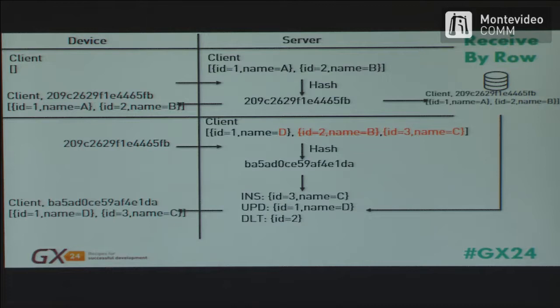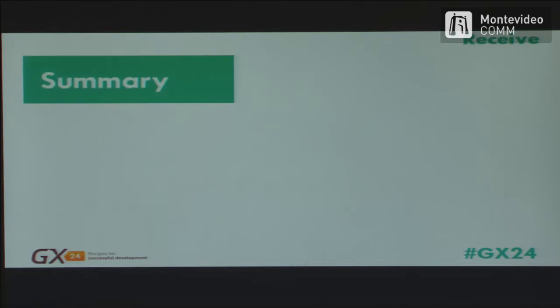Based on those differences, it sends them to the device together with a new hash. The device applies the new changes, and then it shows the same data as the server. Obviously, the server stores the new hash with a new data set for the next synchronization so that it can calculate differences again.